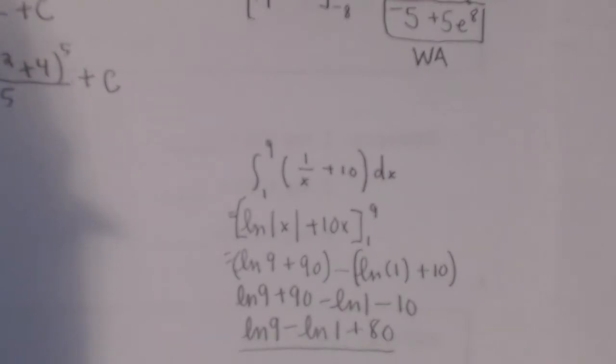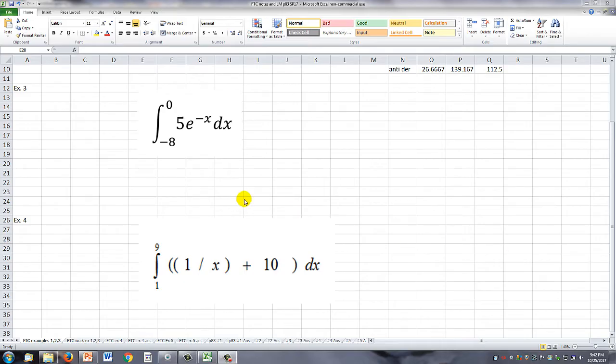We're going to use Excel to get the approximate answer. Okay, so now we have taken the antiderivative on paper. I can type it in. So my lower limit is negative 8. Upper limit is 0, and I'm going to calculate the FTC.